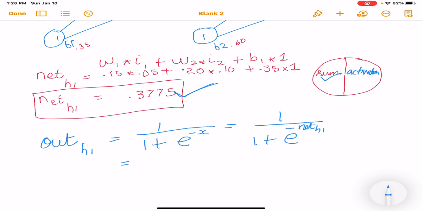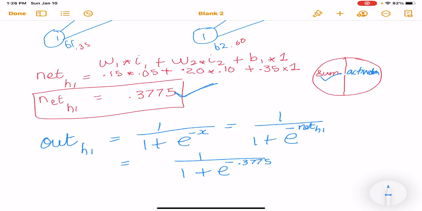That is 1 by 1 plus e raised to minus 0.3775. If you are not sure of the calculation of e raised to minus 0.3775, there are calculators available online for this.